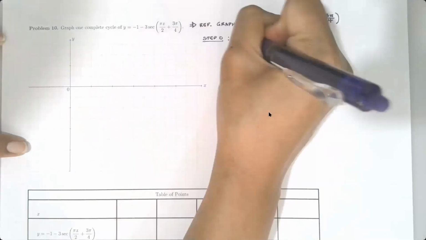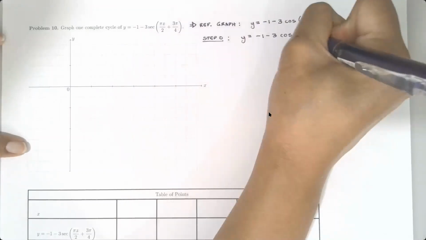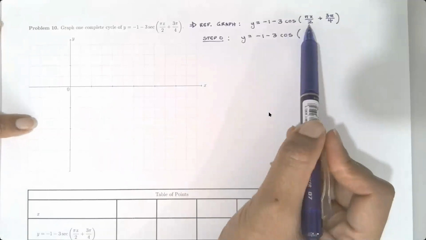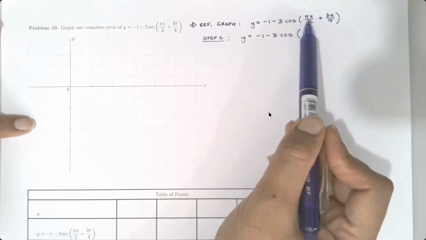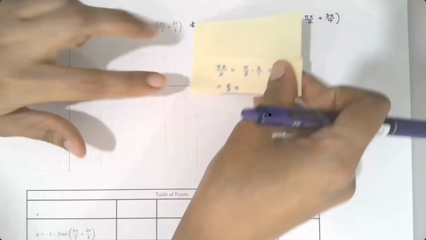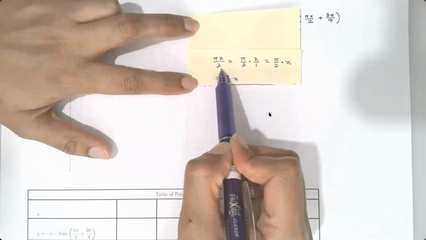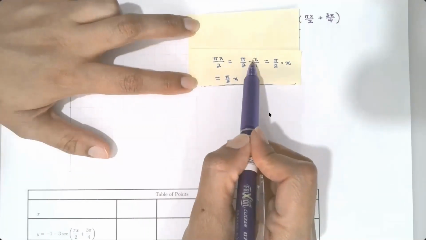We're going to write it as negative 1 minus 3 cosine. We have to pull out the coefficient of x. Now this might look a little intimidating because the x is not by itself. There's a pi being multiplied with it and then dividing by 2. But this pi x over 2, we can write as pi over 2 times x over 1, because we multiply numerators together and denominators together.